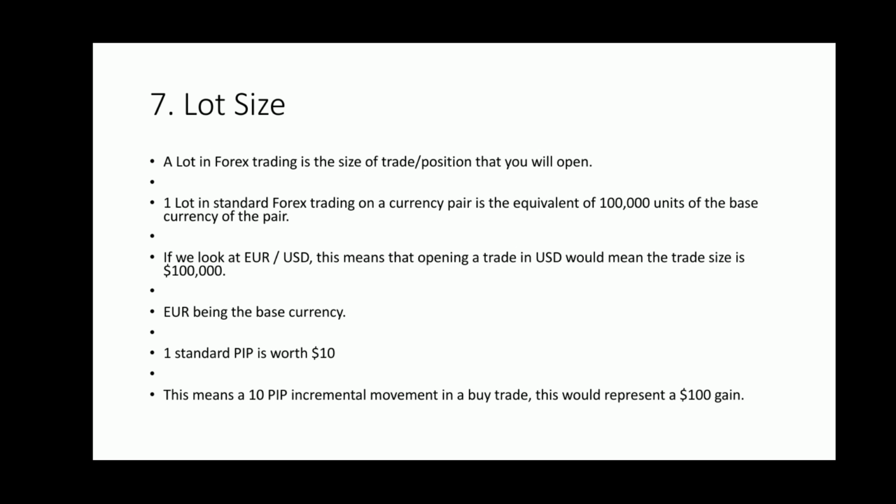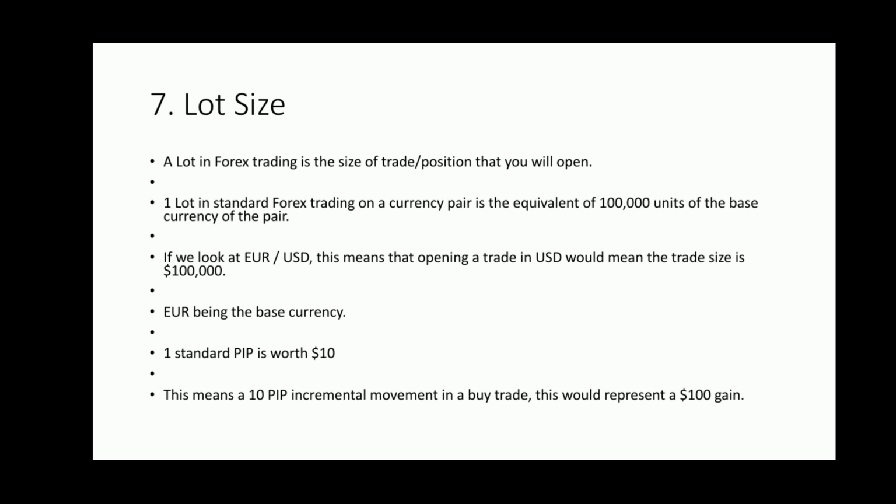So if you use the smallest lot size, which is 0.01, that means that you are betting 1 cent, and it will increase to 0.02, 2 cents, 0.03, 3 cents, and that is how the pip value works. So if we look at Euro USD, this means that opening a trade would mean that the trade is $100,000.